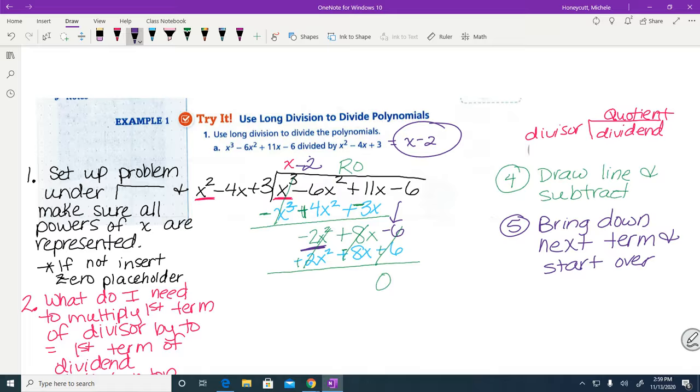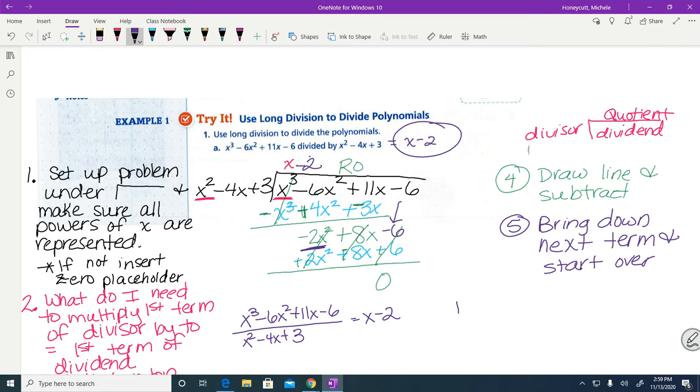That's my quotient. So a couple of ways to write this. If I write it as a fraction, x cubed minus 6x squared plus 11x minus 6 divided by x squared minus 4x plus 3, I get x minus 2.